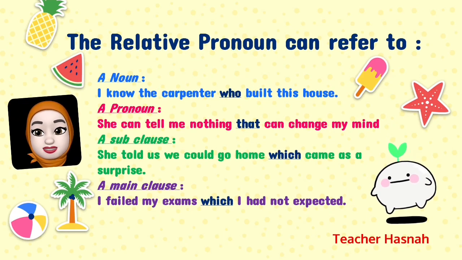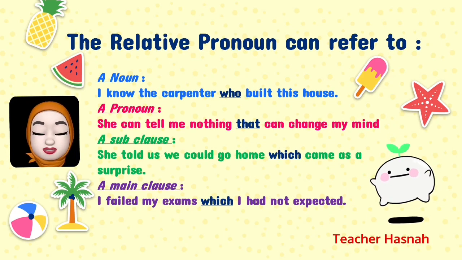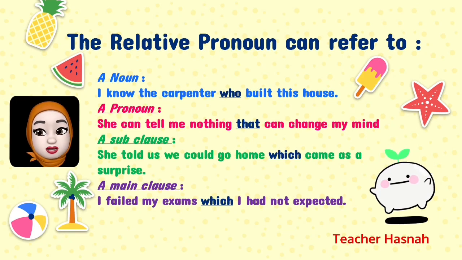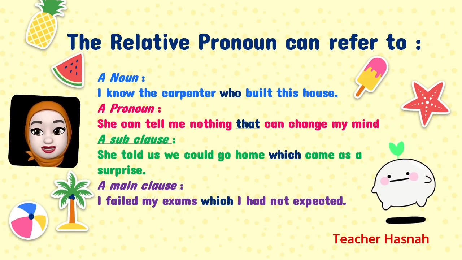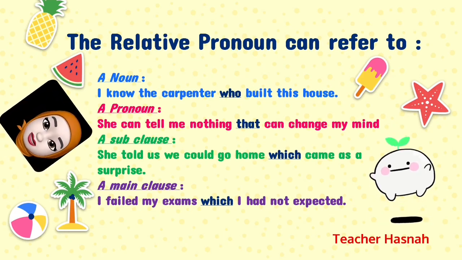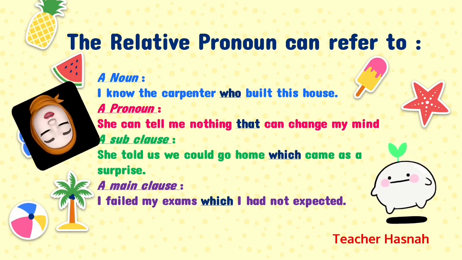I know the person who built this house. Who here is a relative pronoun, and the carpenter is a noun. A pronoun. She can tell me nothing that can change my mind. That here is a relative pronoun, and nothing is a pronoun.